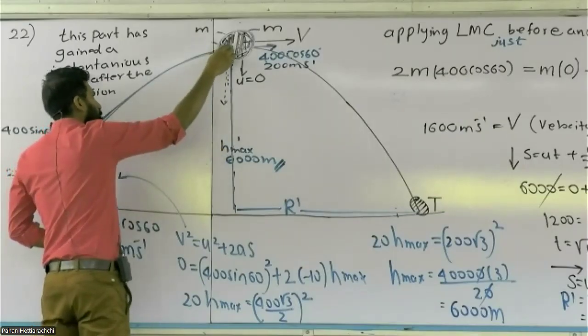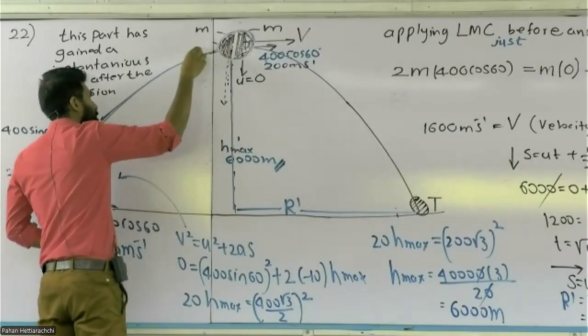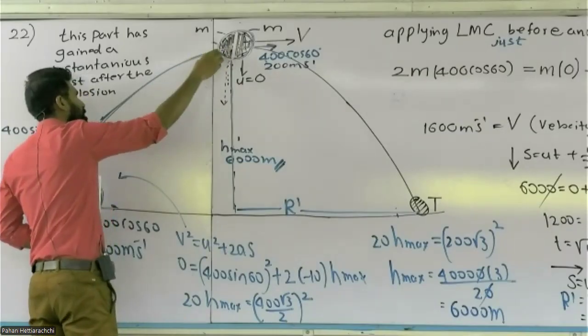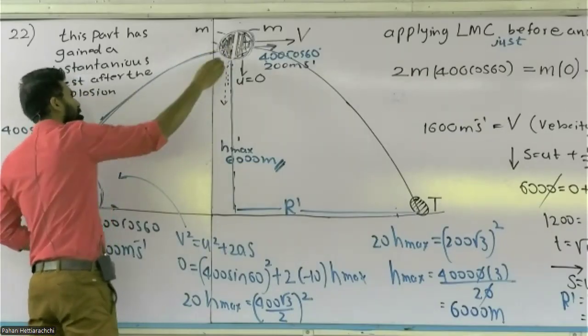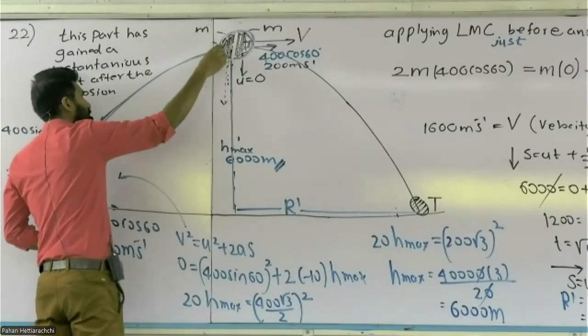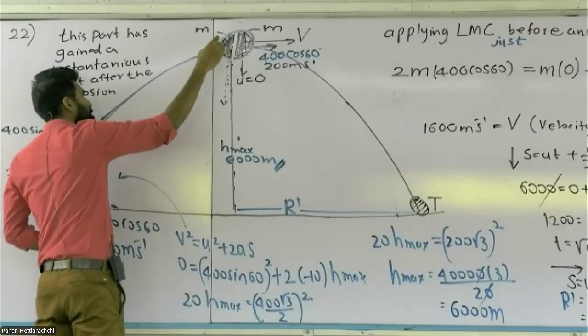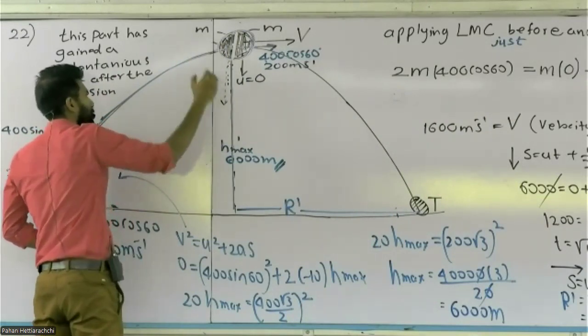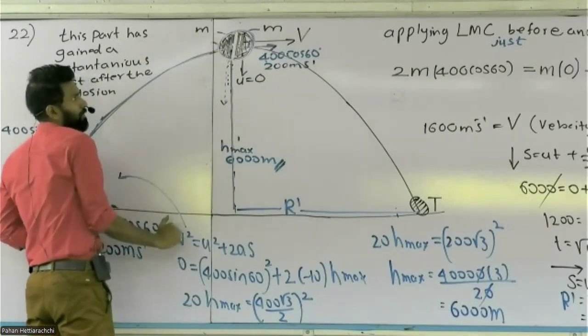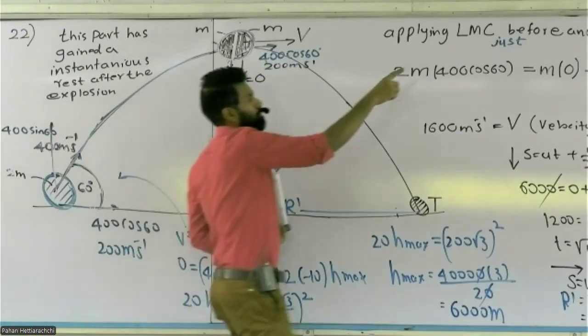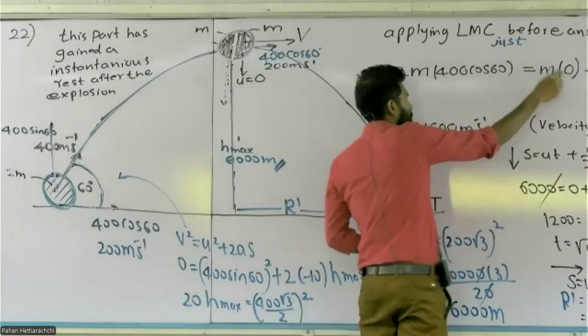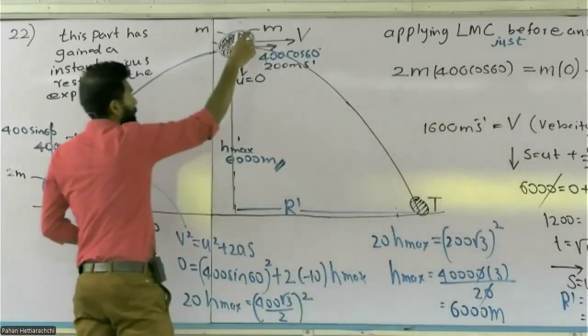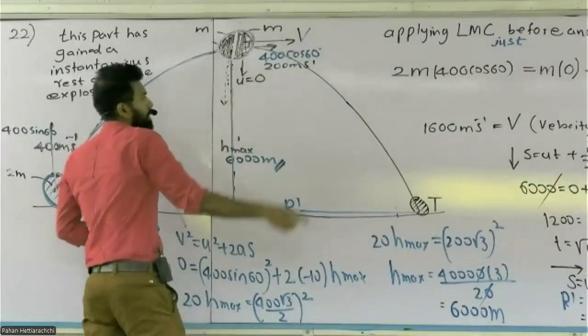If it gained horizontal velocity from the explosion, it should be in a projectile path. Why did it fall down? Instantaneously, it became zero velocity soon after the explosion. That's why it fell down. So that part has mass m with zero velocity, and the other part gained velocity v, momentum mv.